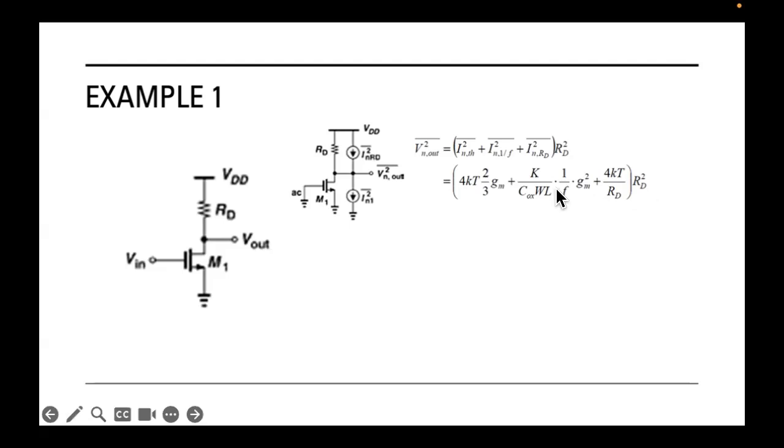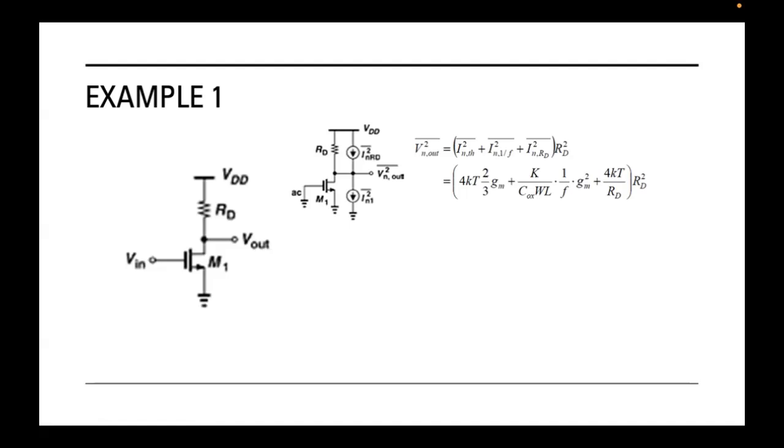Now, what if we need to express the noise in terms of the input, not the output? Here, this equation represents the output noise of your common source amplifier. What if we need to represent it in terms of the input voltage, not the output voltage?